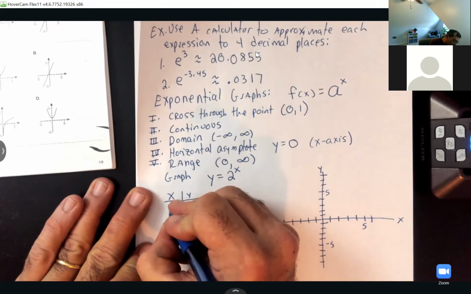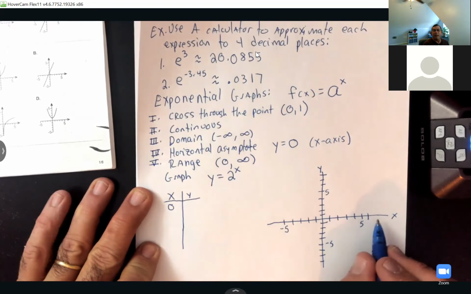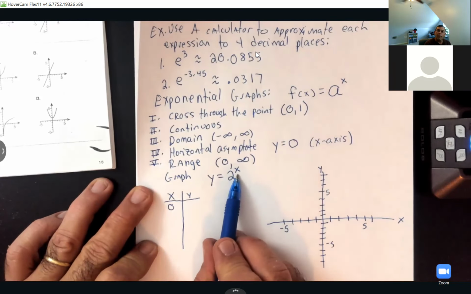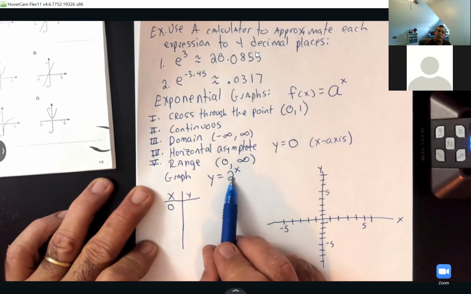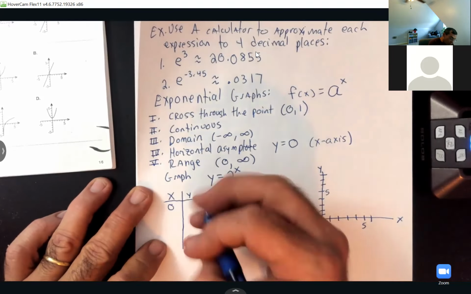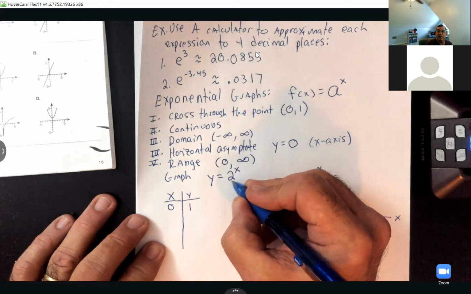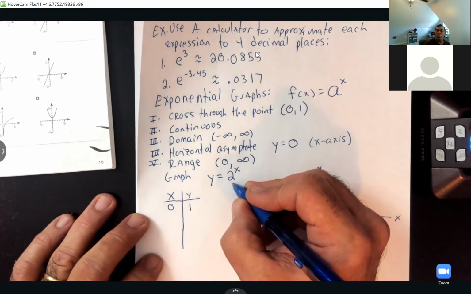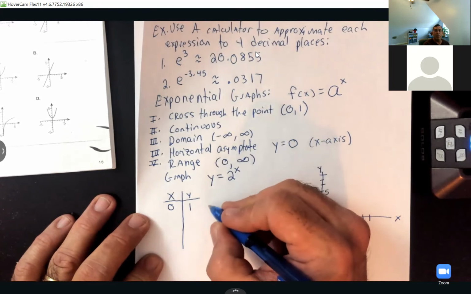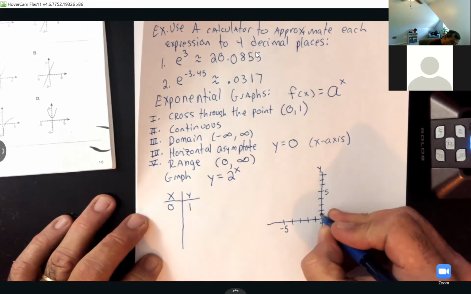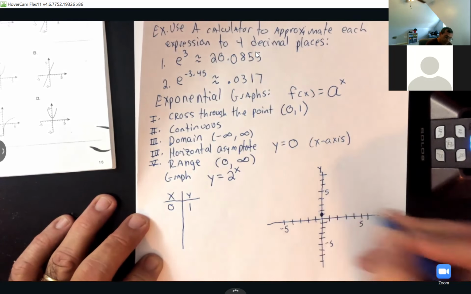So the first x I'll do, I'm going to do positive x's on the right side first. So I put a 0 in for the x. That gives me 2 to the 0, which equals 1. So any base, I don't care whether it's a 2, 3, 4, if you put a 0 for the exponent, you'll get a 1. So my 0, 1 is right on the y-axis.